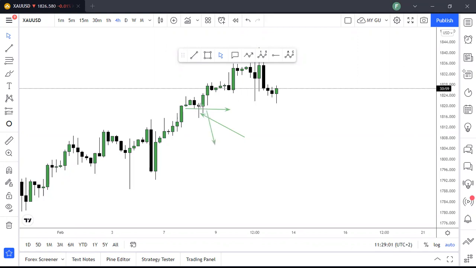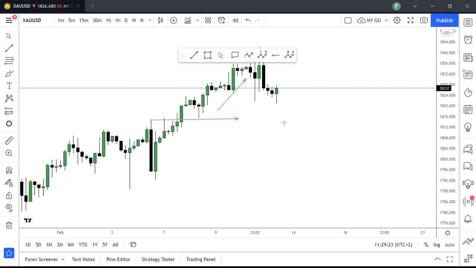But if it had closed bullish, then it would have higher chances of going higher. But this bearish pin bar went higher. Why did it go higher? In this context, if we did not have a retest that was happening right here, and price needing to give us one more push up, price could have gone lower.